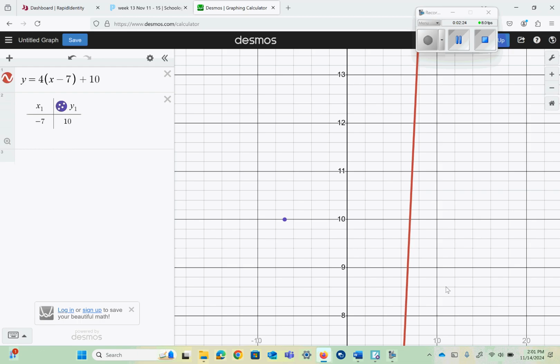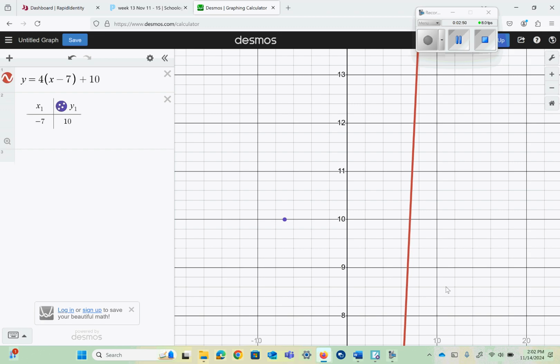All right. So the question that was said was, Alex said that the point -7, 10 is on that line. So you see that purple dot right there? Is this dot somehow on this red line?